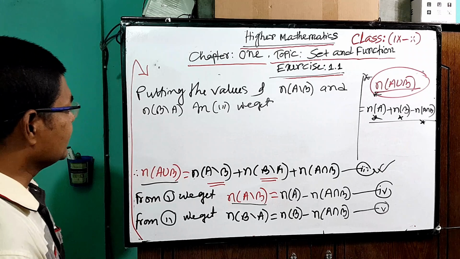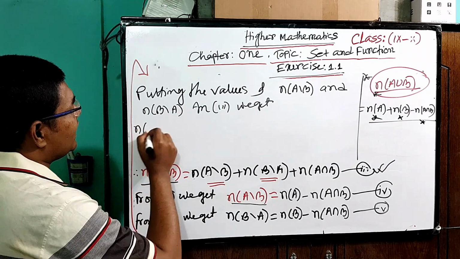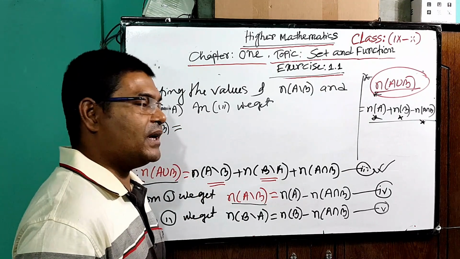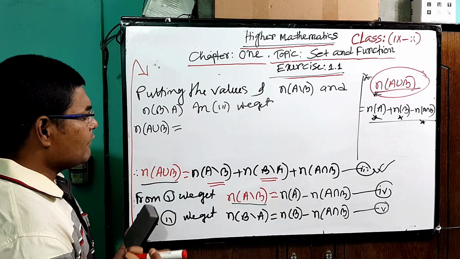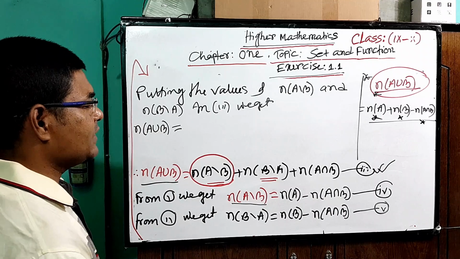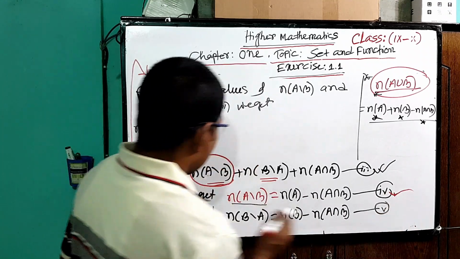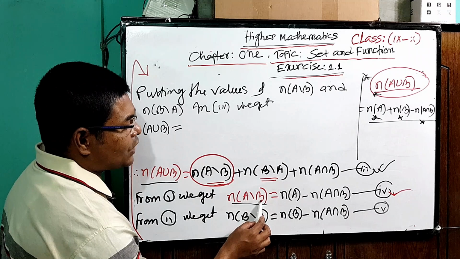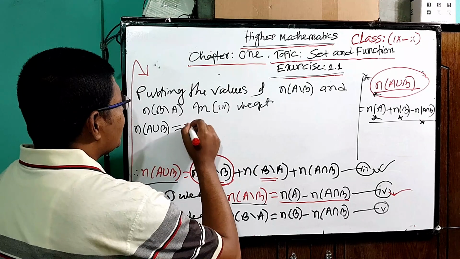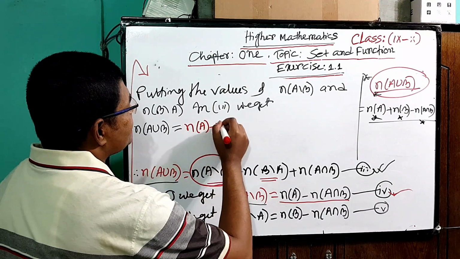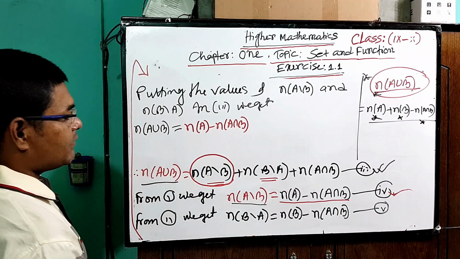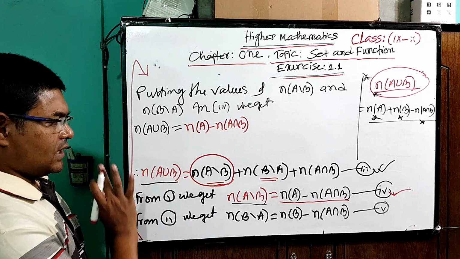So 3 is n of A union B equal to, you can see here, putting the values of n of A difference of B, we will get this. Just write here n of A minus n of A intersection of B. So putting the values of this completed.